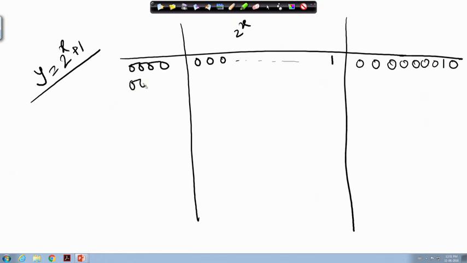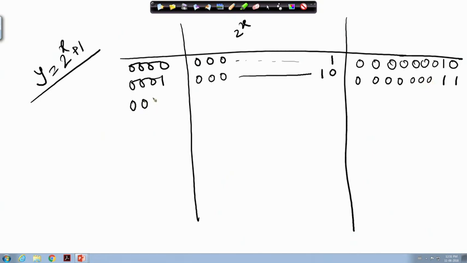Then for 0 0 0 1, this is 0 and 1, and what will it be? It will be this. Okay.